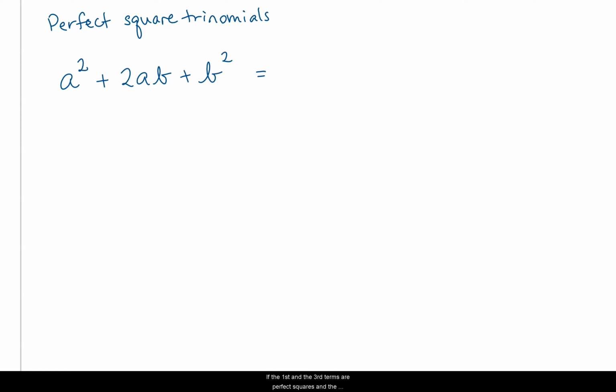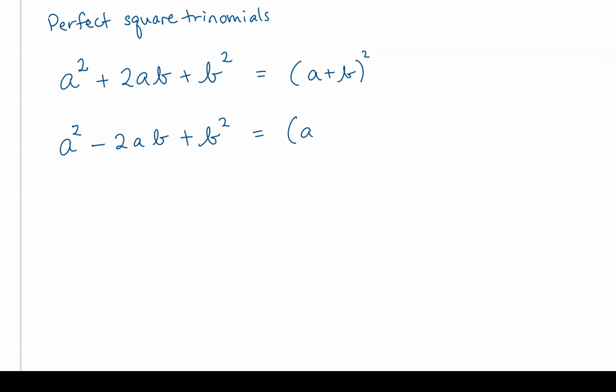If the first and the third terms are perfect squares, and the middle term is 2 times the factors of those perfect squares, then this type of trinomial will factor as a plus b squared. Similarly, if the middle term is negative, the factors are a minus b squared.